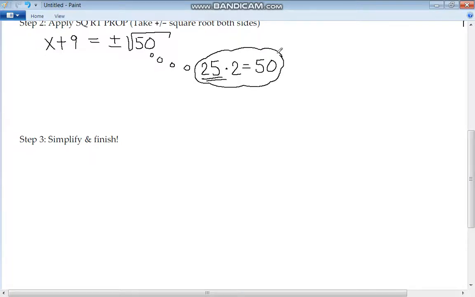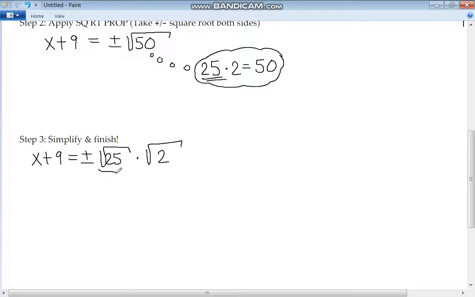So let's bust it up that way. x plus 9 equals plus or minus the square root of 25 times the square root of 2. See, 25 times 2 is 50, so it was legitimate for me to decompose the 50 and break it apart out of the radical using the property of the square root.